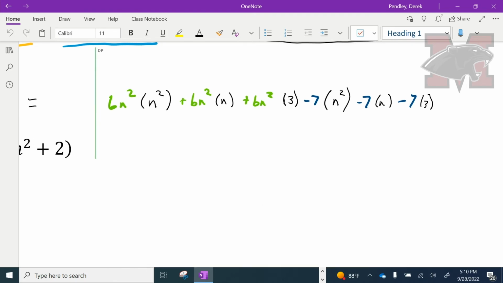So when I simplify this, 6 times 1 gives me the 6. N squared times n squared gives me n to the 4th, because when you multiply like bases, you add the powers. Then I have 6 times 1 again, gives me 6. N squared times n gives me n cubed.